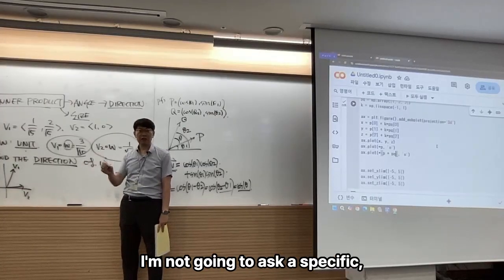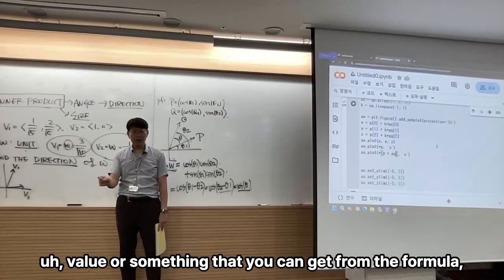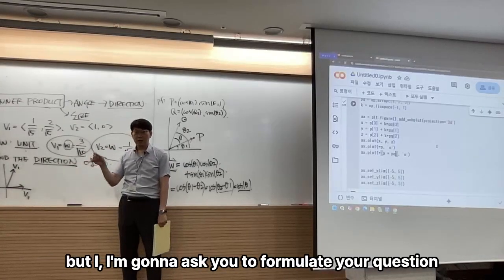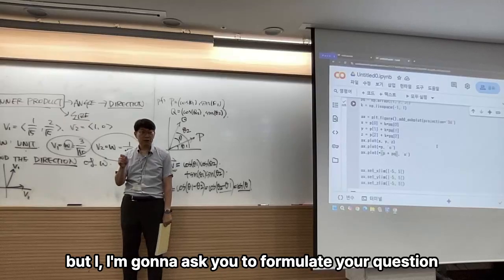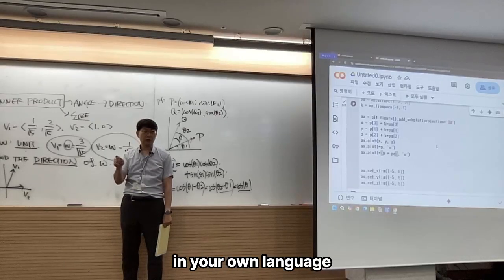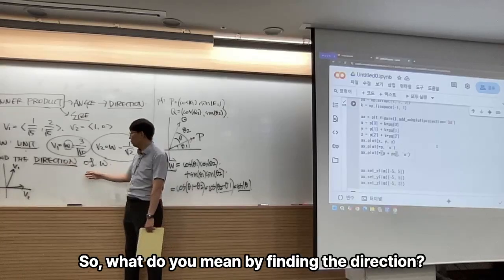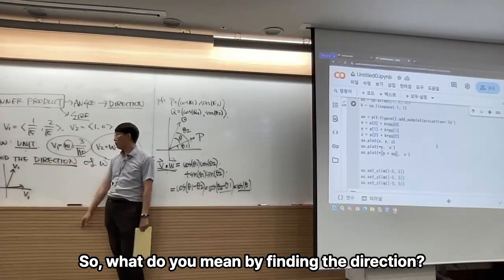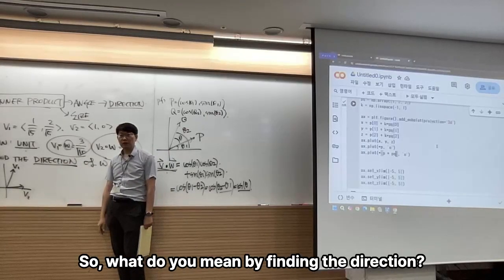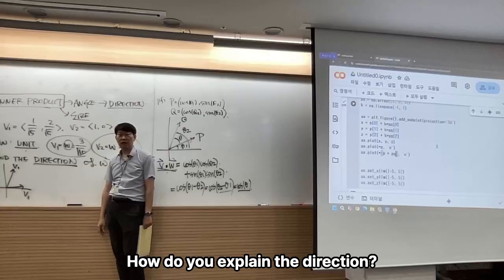I'm not going to ask for a specific value that you can get from a formula, but I'm going to ask you to formulate the question in your own language and then answer it with an explanation. So what do you mean by finding the direction? You have to explain the direction. How do you explain the direction?